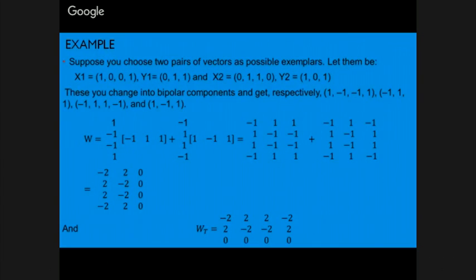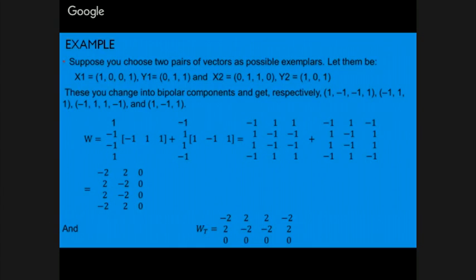So then we have to multiply the column vector with each element in the row, and then we have to add. When we multiply 1, minus 1, minus 1, 1, which is a column vector, with minus 1, we will get the first column of the first matrix. When we multiply it with 1, we get the second column. When we multiply it with 1, we get the third column.